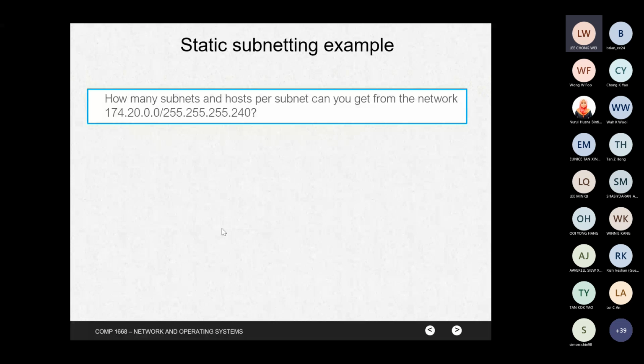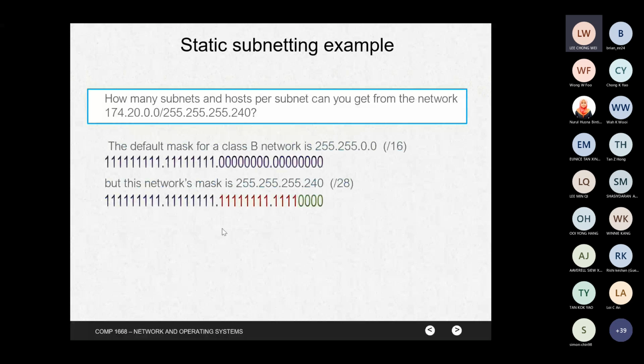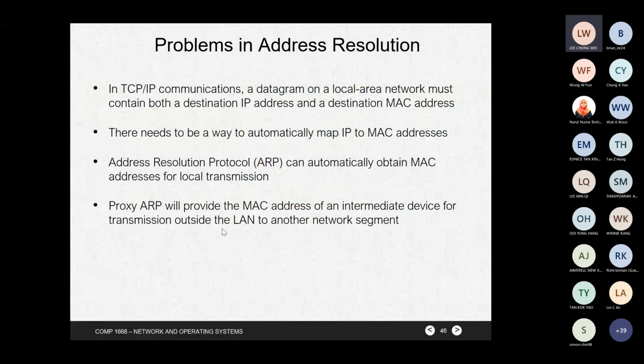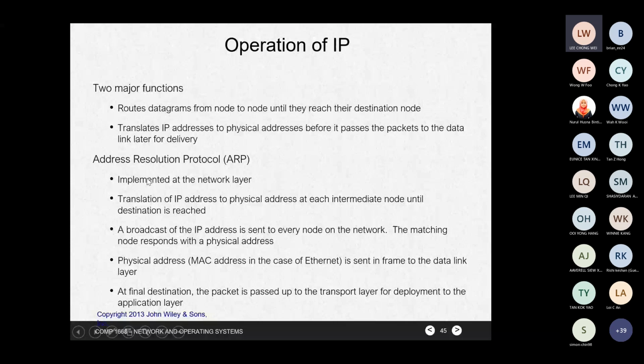Okay, the same example, take a look. Operation of IP address, ARP, the common one, Address Resolution Protocol. This is to resolve your IP addresses. Implemented at the network layer, ARP is part of your OS in order to resolve IP addresses for the network.